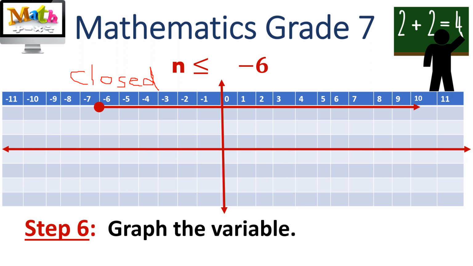Closed with an equal sign, open without. So -6 and everything else, the number n is any of these values here, all the way towards, I stopped it here, but I could have kept it going, but it goes all the way down to negative infinity.